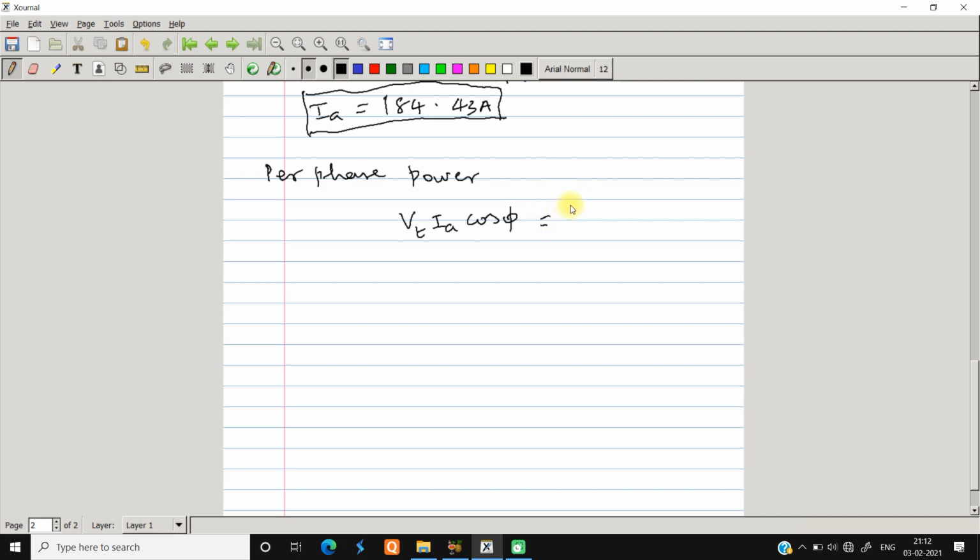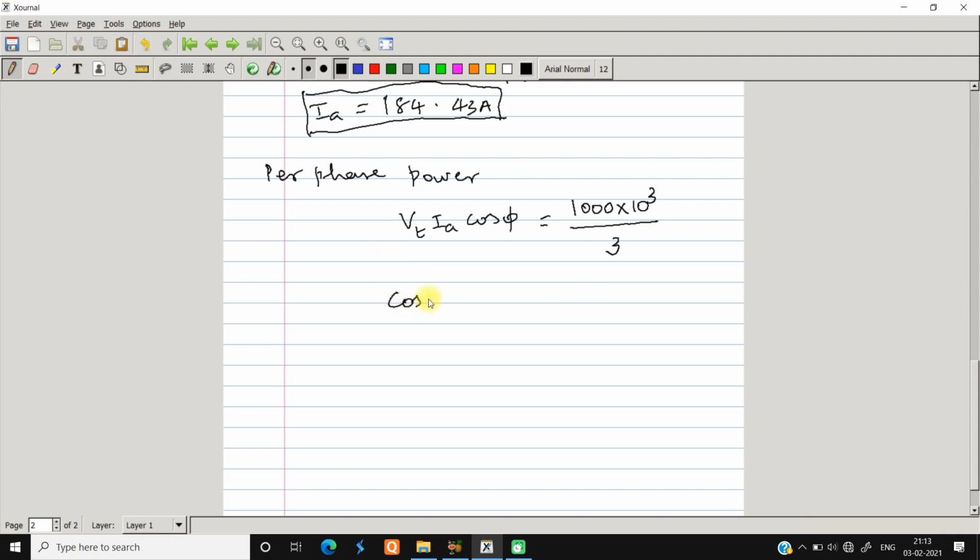That is, the power value of the machine will be 1000 kilowatt. That is also per phase. So 1000 into 10 power 3, that is 1000 kilowatt. Since we need the per phase value, we will be dividing it by 3.